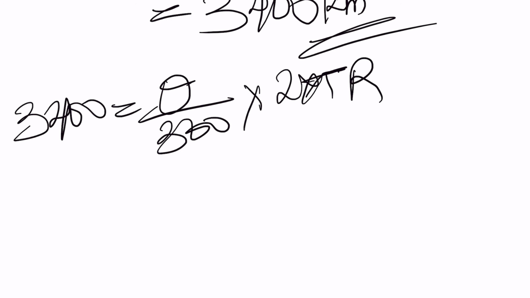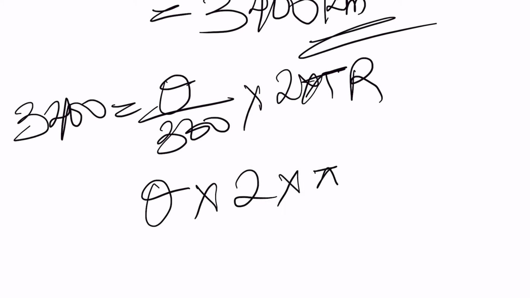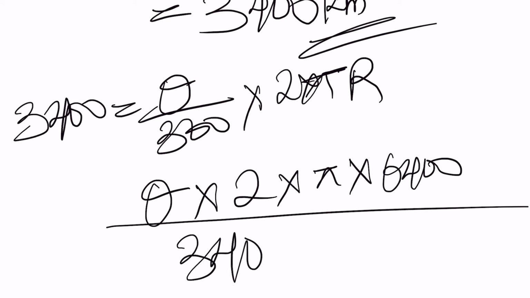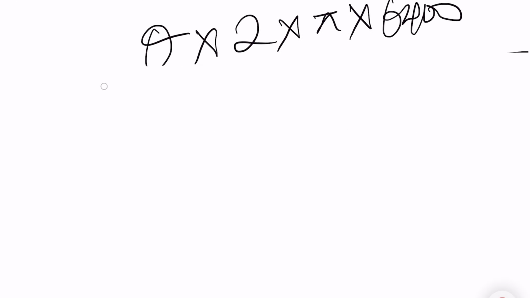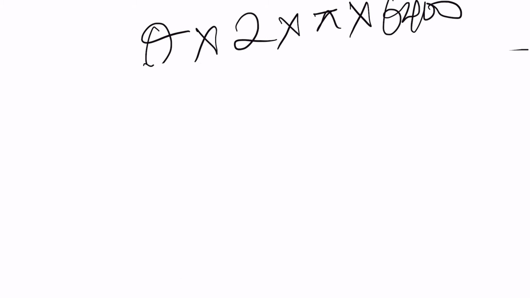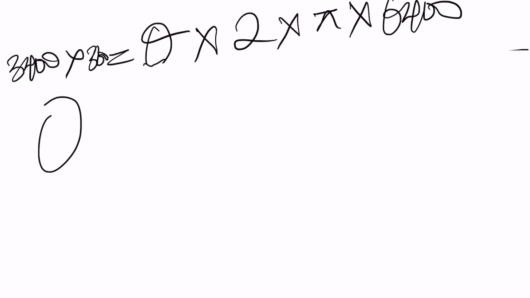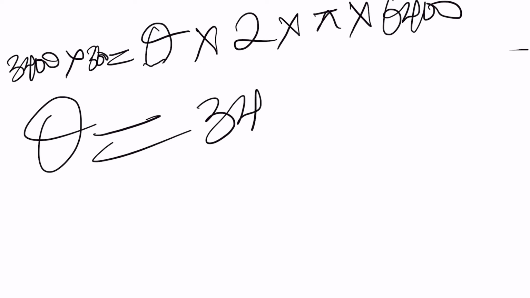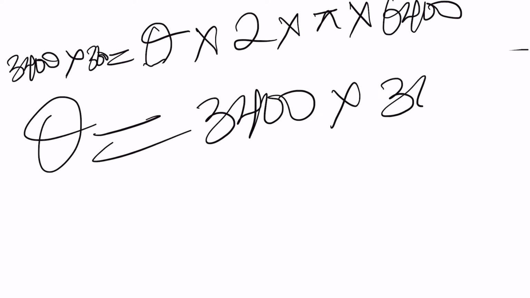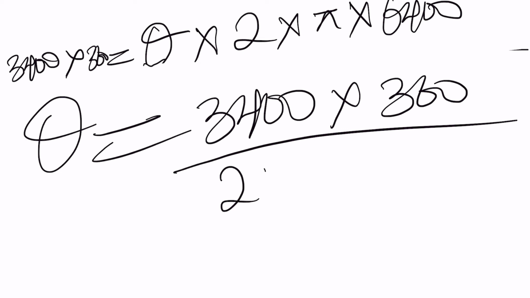So theta equals 3,400 times 360 over 2 times pi times 6,400.